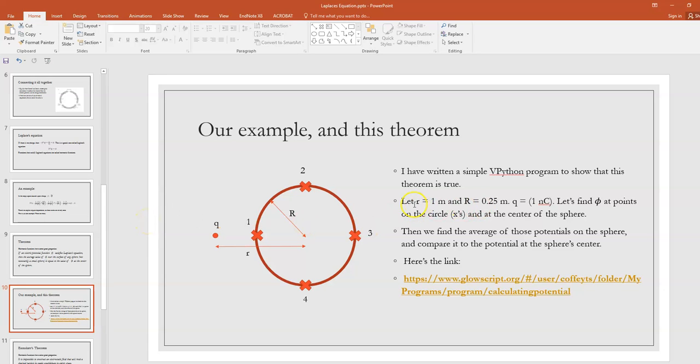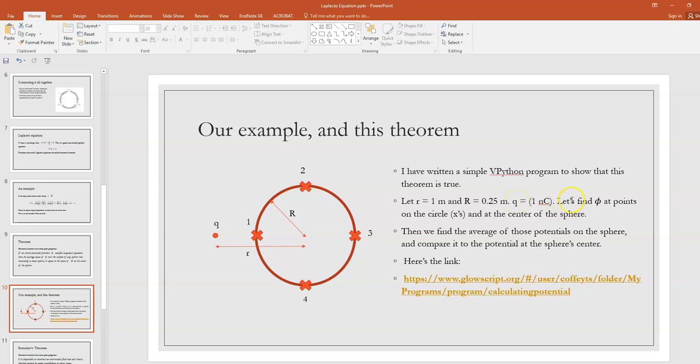And that the sphere that I'm going to look at is centered 1 meter away from this point charge. And I can call this line that connects the center of my sphere to q my x-axis, just for simplicity's sake, okay? Now, I am 1 meter away from that point charge, and I'm going to look at a sphere that has a radius of 1/4 of a meter, okay?